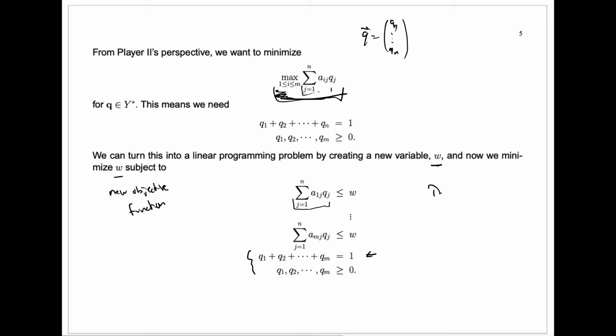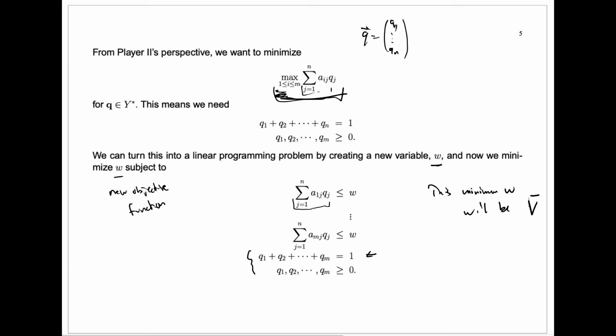Well, this minimum for w will be what we've been calling the upper value of the game. And player 2 will be able to force a situation where player 2 does no worse than this upper value, the upper bar, that's this minimum w.